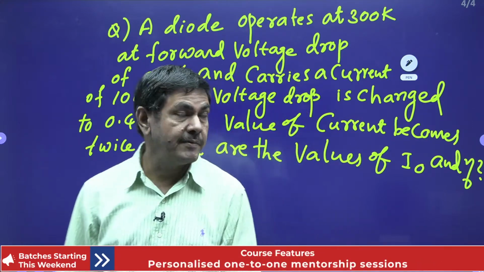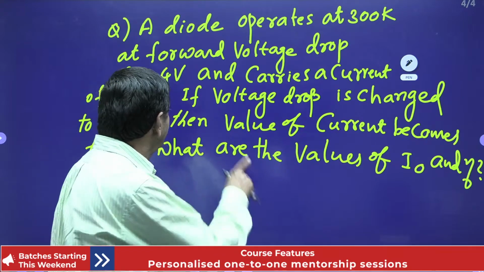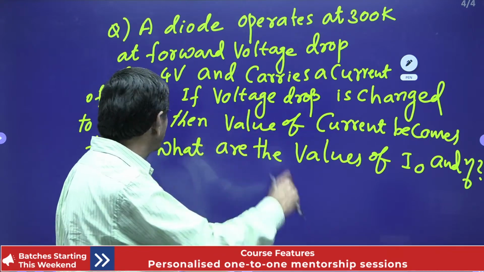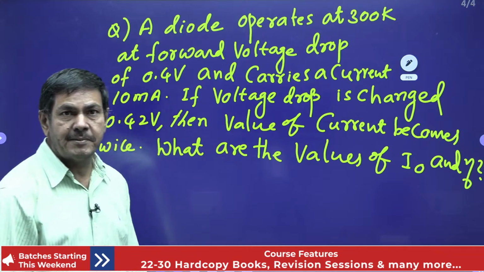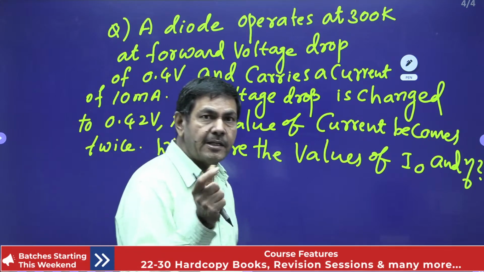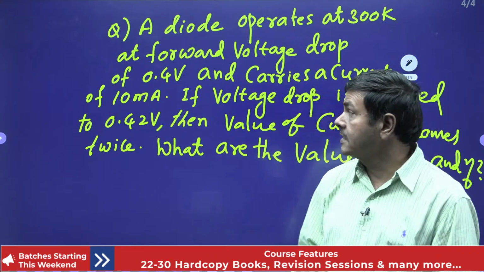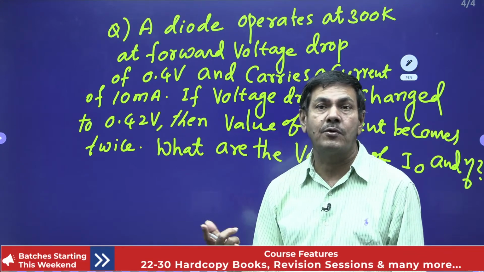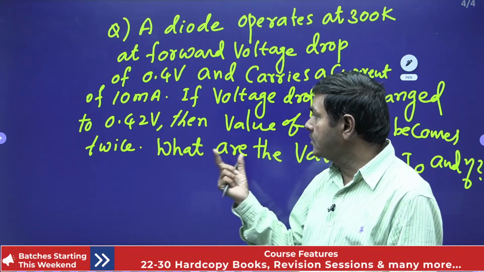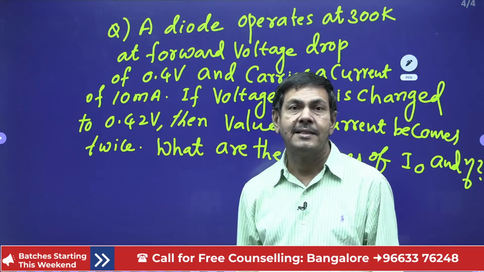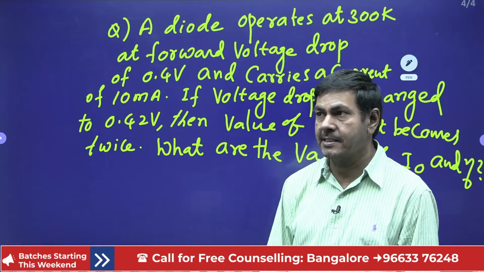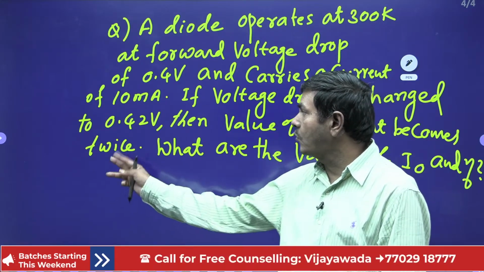And also what is given? If the voltage drop is changed to 0.42 volts, that means the voltage across the PN junction diode is changing. Initially it is at 0.4 volts. When it is changed to 0.42 volts, the current also changes, he says. That change of current is twice.